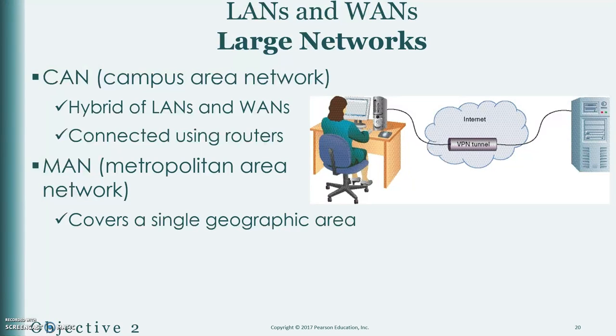A MAN, or a metropolitan area network, is a large network that's designed to provide access to a specific geographic area. Many U.S. cities are now deploying MANs to provide internet access to residents and tourists. New York City has something called Link NYC, which is a first-of-its-kind communications network that will replace 7,500 payphones across all 5 boroughs.